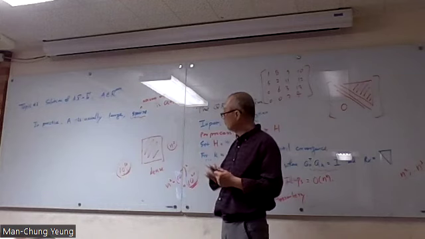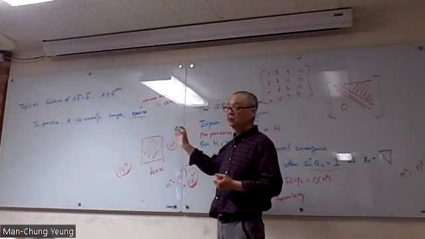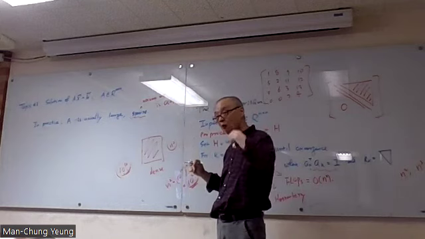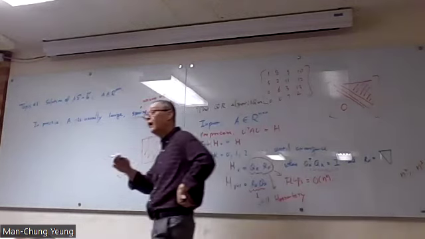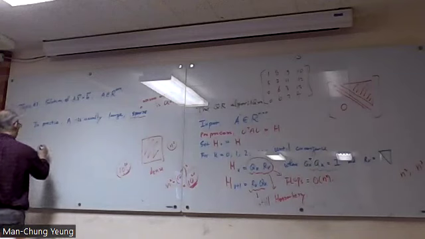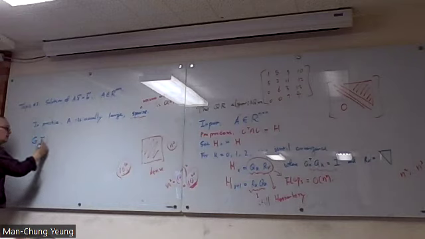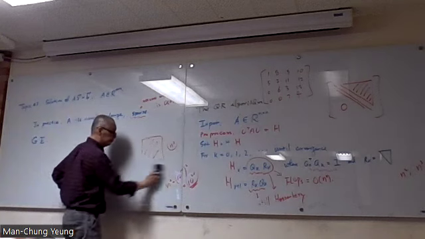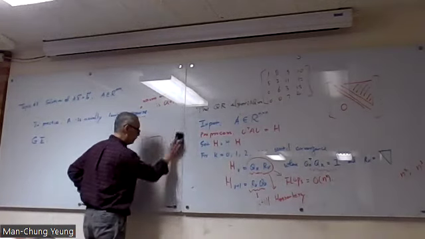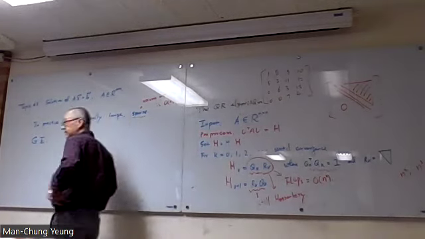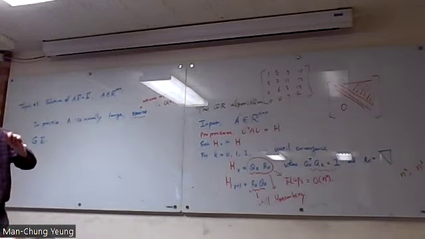A well-known algorithm to solve a linear system is Gaussian elimination. Very popular, right? GE has two steps.